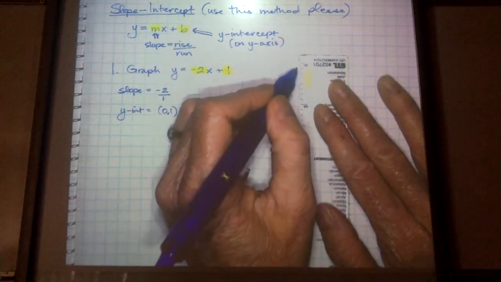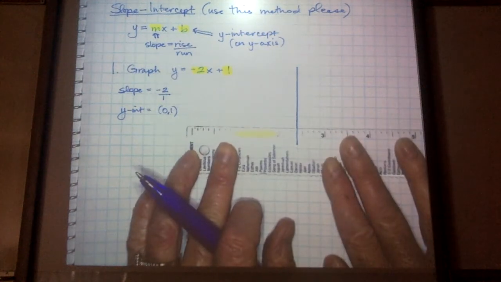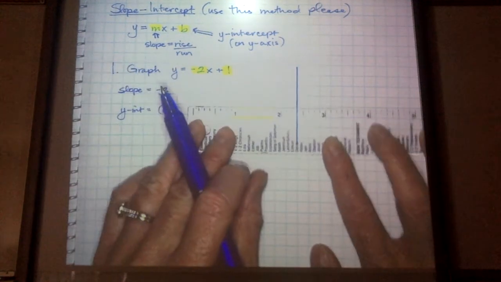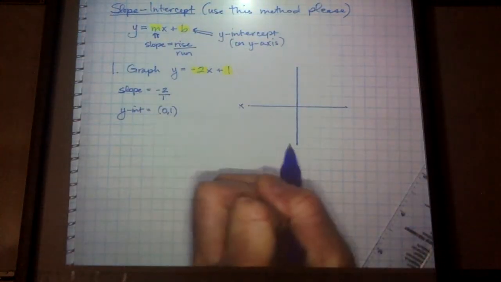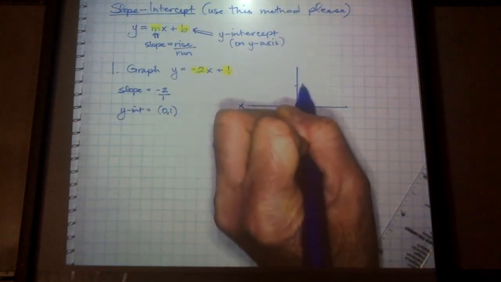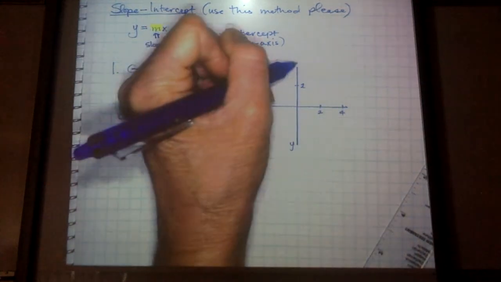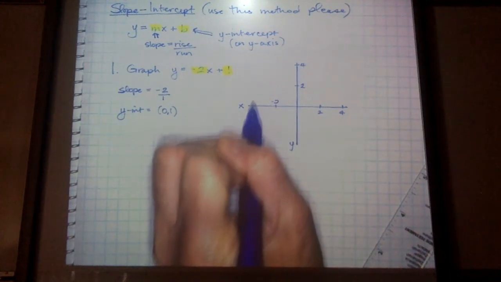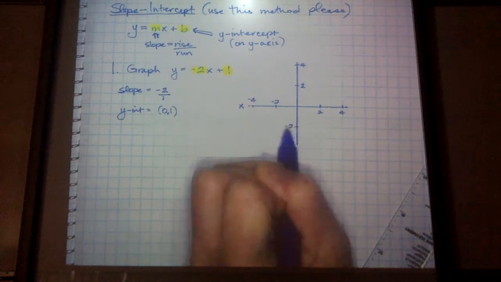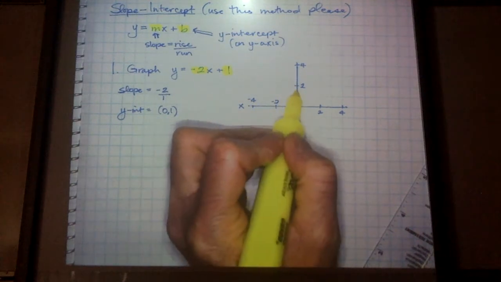So here is my y-axis. Here is my x-axis. You don't have to label every number, but please throw some numbers on there. Okay, so my y-intercept is here.